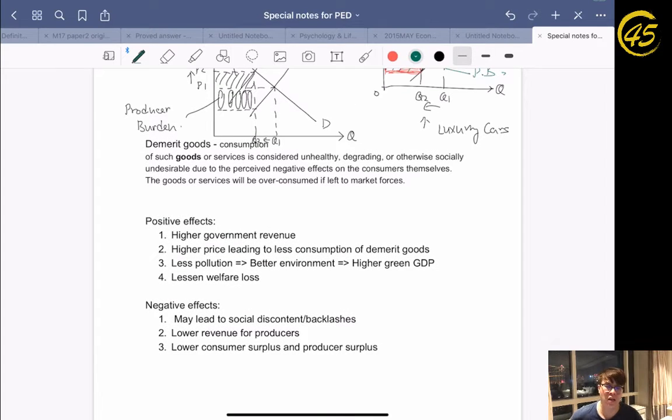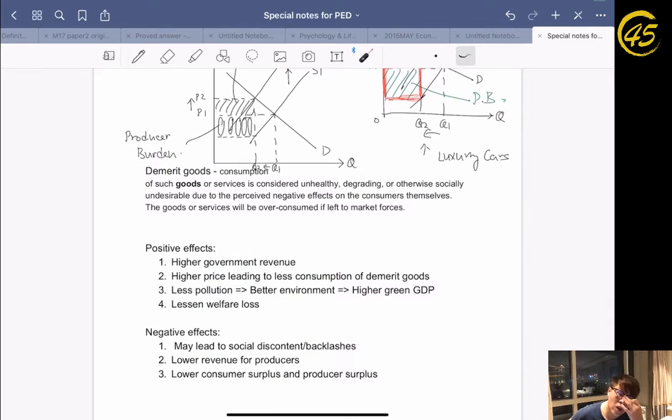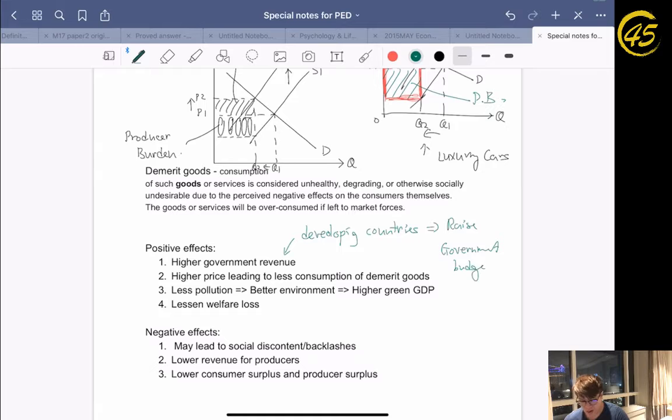The positive effect is that it could create higher government revenue, shown in the rectangle here. It could be very favorable if you're a developing country, because it could raise your government budget, and if you have a national debt, it could even lessen it.